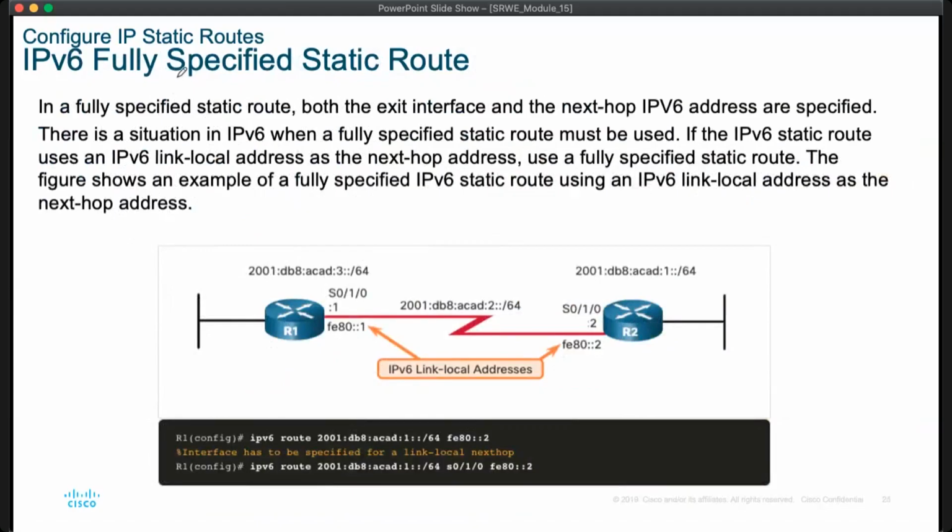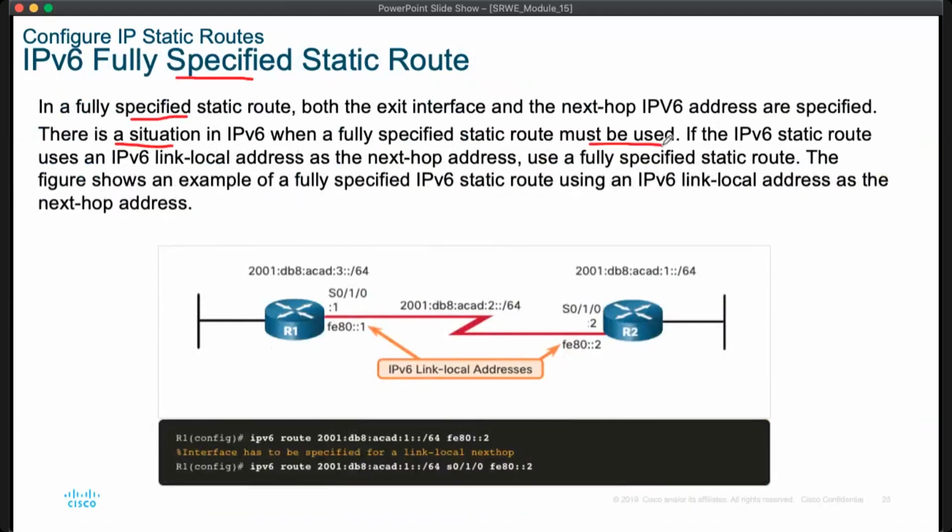IPv6 fully specified static route. In a fully specified static route, both the exit interface and the next hop IPv6 address are specified. There is a situation in IPv6 when a fully specified static route must be used.